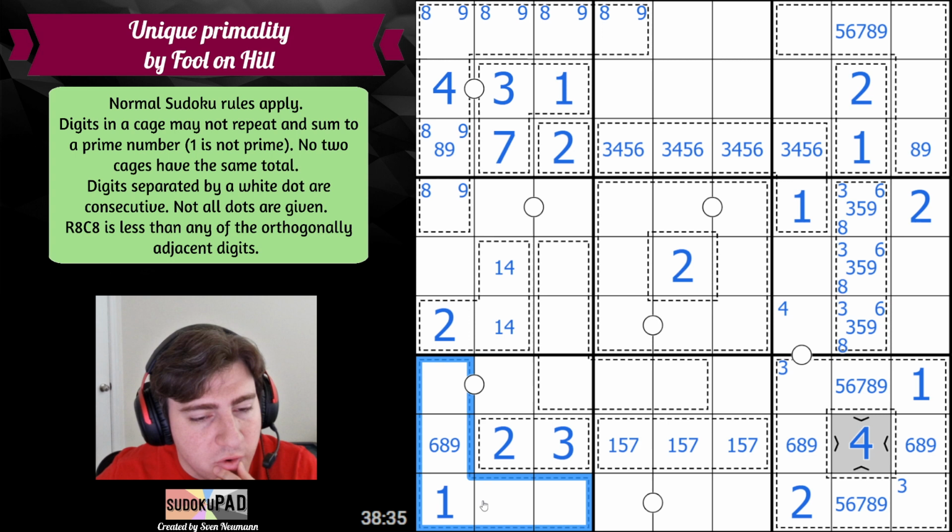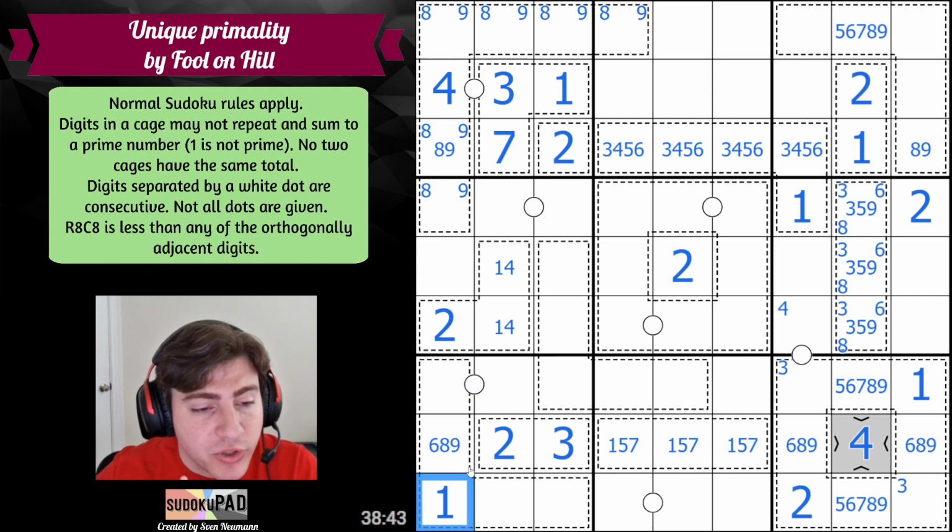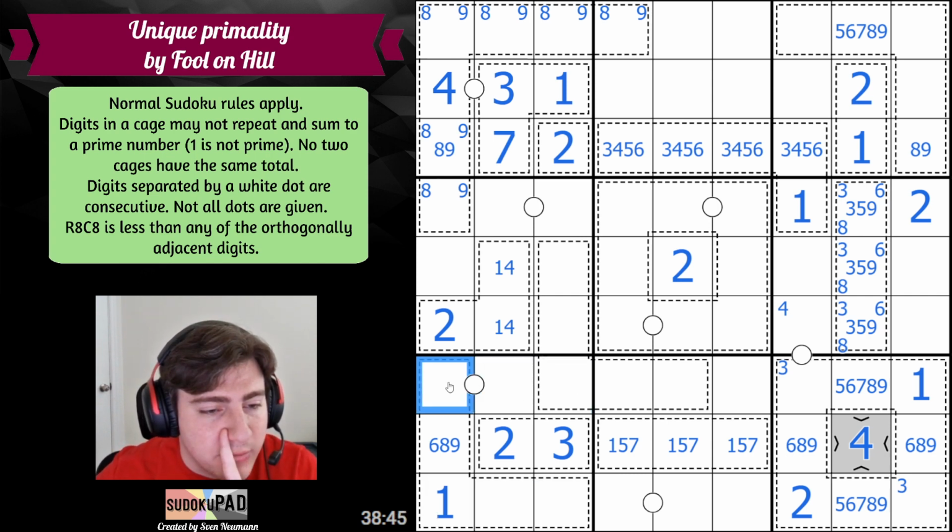Yeah. 1, 4, 5, 6, 7. Let me double check. 22, 23. 23 is still an option. That would leave us with 8, 9. That would make this 7. This would be 8.